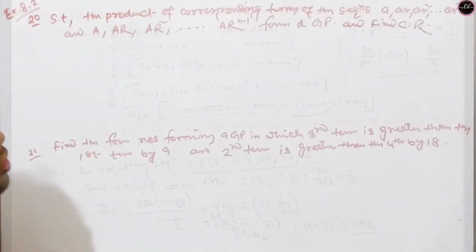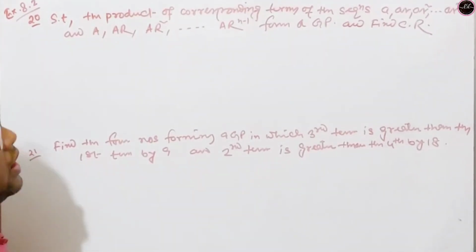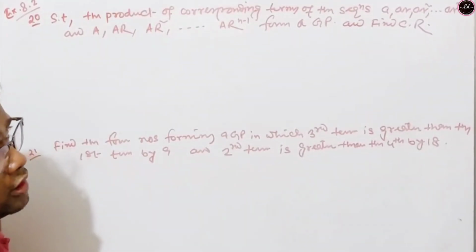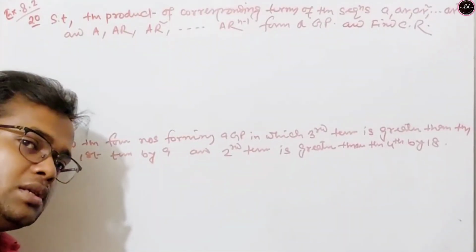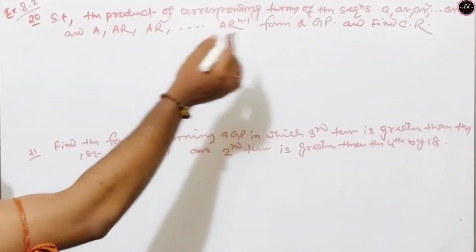Okay, so the product of the corresponding terms of the sequences, here two sequences are given, a, a r, a r square, dot dot a r to the power n minus 1 and capital A, capital A R up to capital A R to the power n minus 1, form a GP and find here. This is like the previous one.